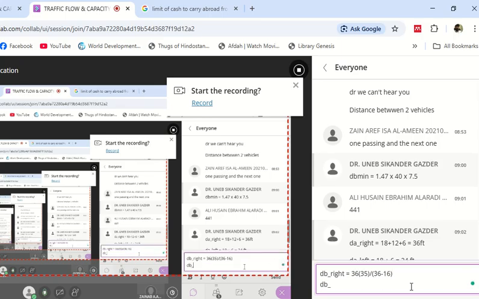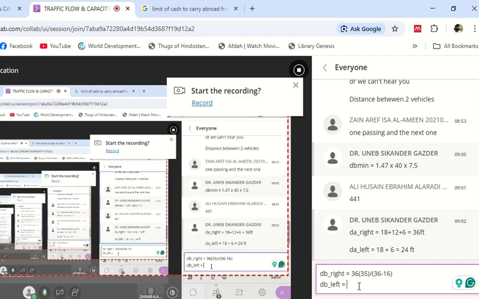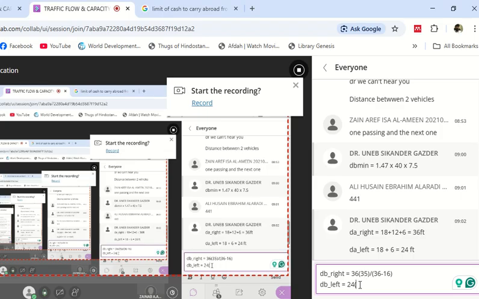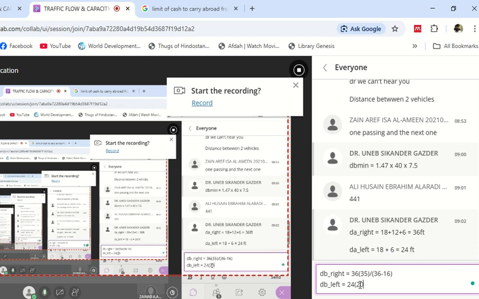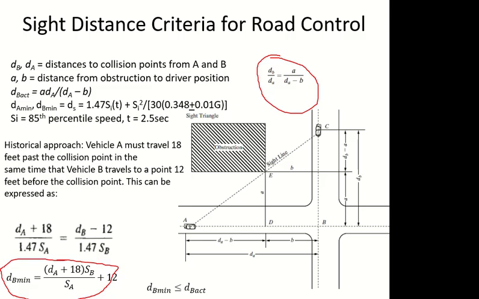And if I do it for the left hand side, my dA is 24. This is how much? The distance to the obstruction is 20. Let me just check something. A into dA. Okay, fine.